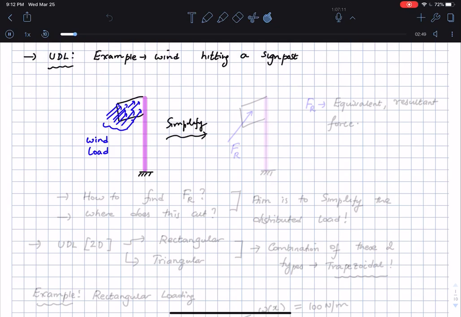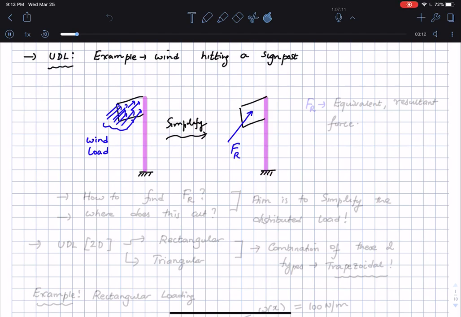to the following situation, where we have the same signpost, along a fixed support, and rather than have the complicated forces that we see, we just want to have a single equivalent force, which we call FR.